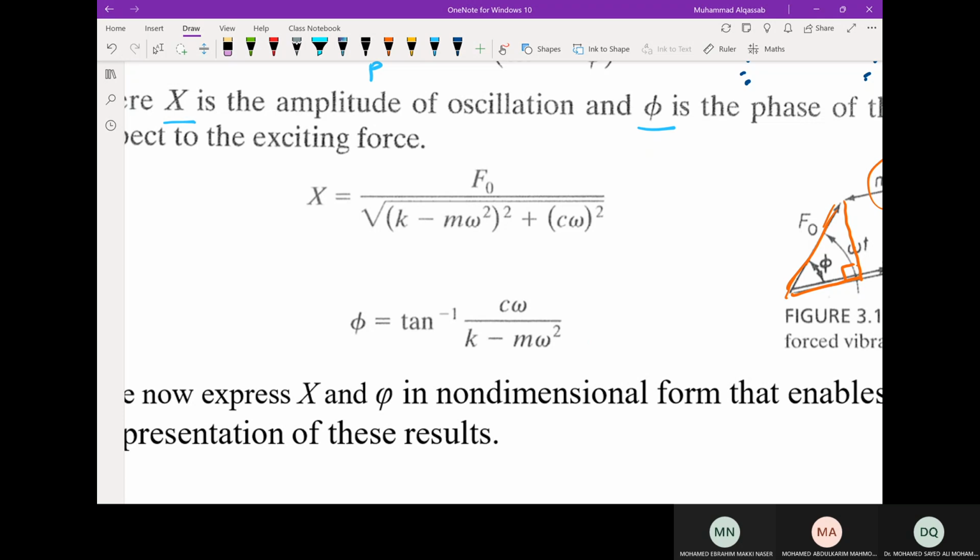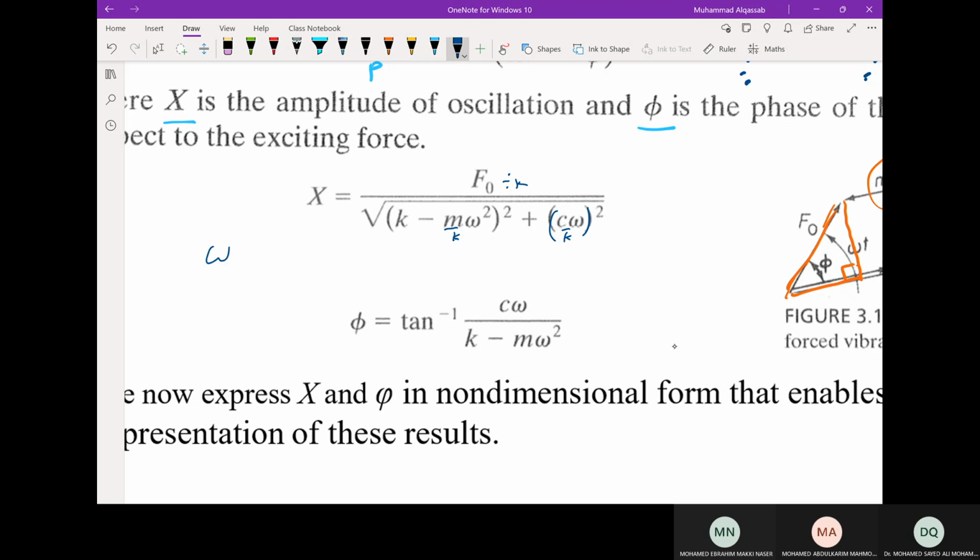So we will have K over K, which is 1, then minus M over K, you divide by K here, and multiply by omega squared, all squared, plus C over K, all squared. So M over K is the reciprocal of omega n squared.